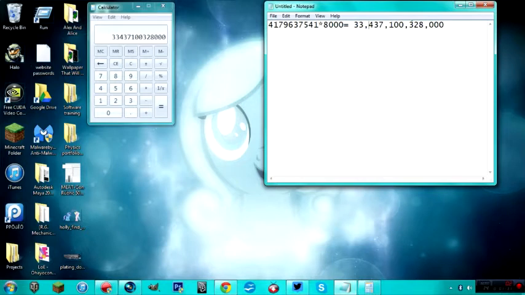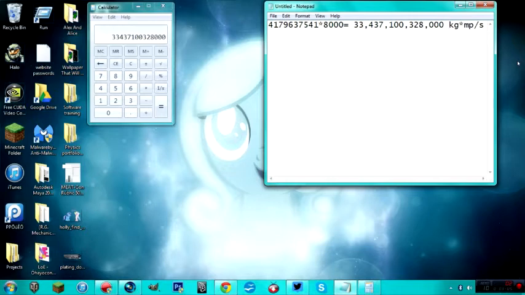The units are kilograms times meters per second. So that's its momentum. Wow, quite a big number.